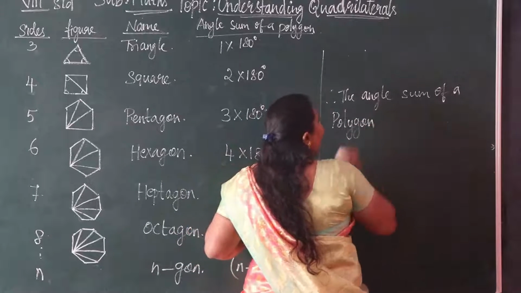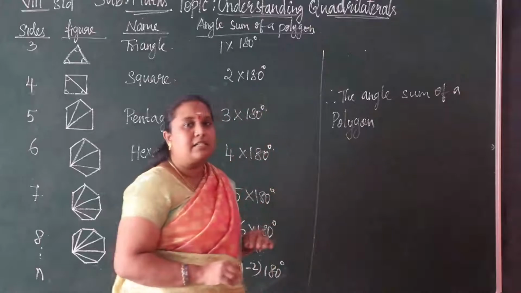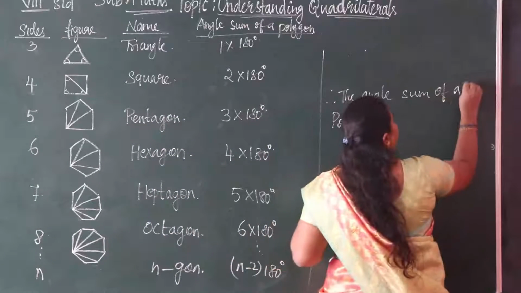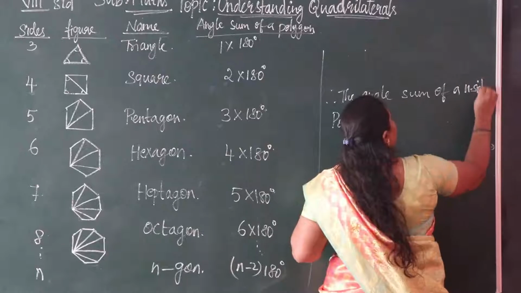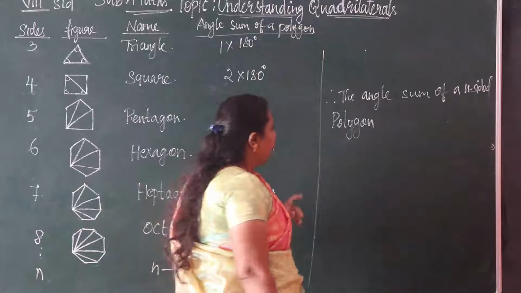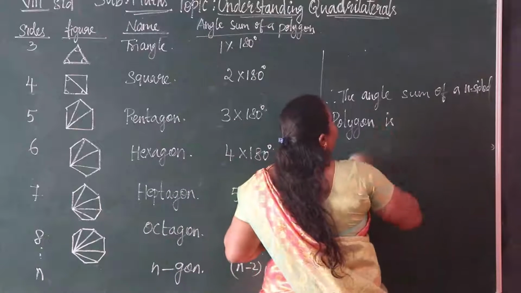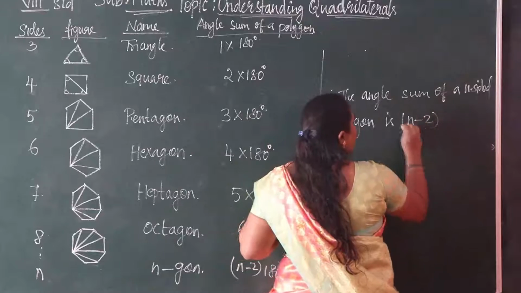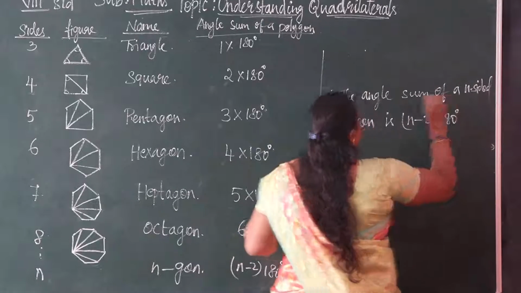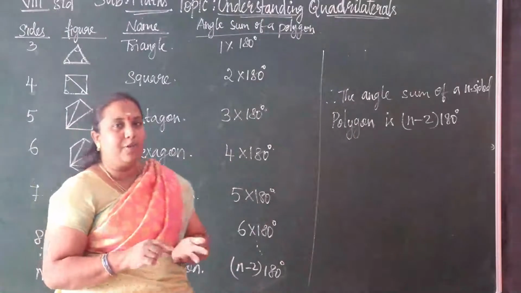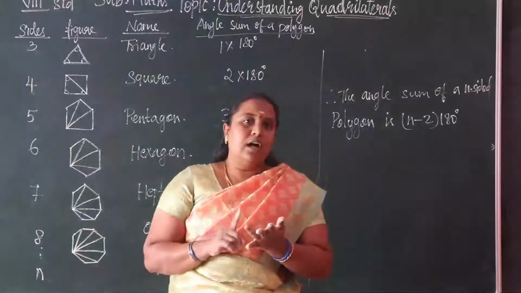The angle sum of an n-sided polygon is n minus 2 into 180 degrees. So you know the number of sides of your polygon, you know the name of the polygon.